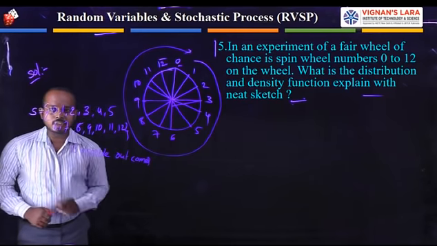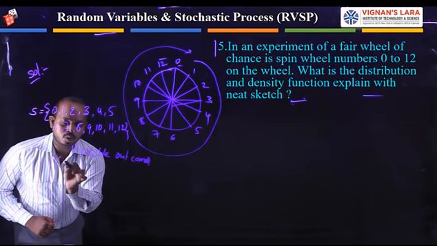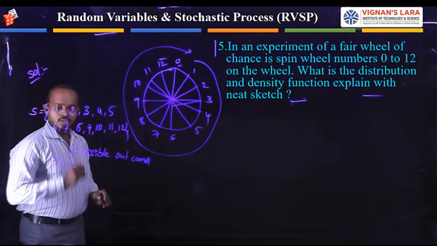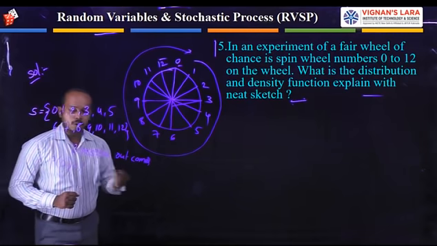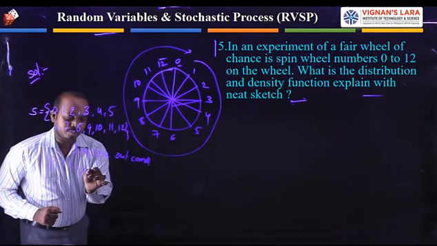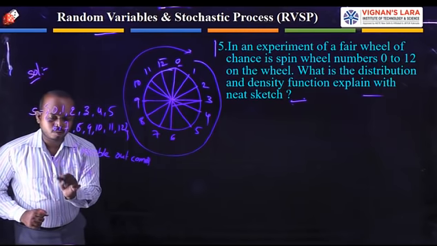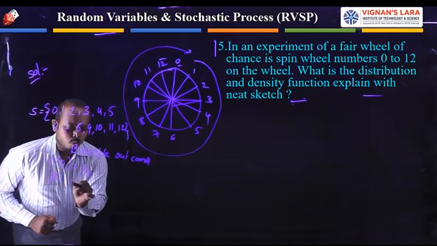Now I am writing the probability of 0. The probability of the 0 occurrence is equal to the desired outcomes, which is only 1 chance, over the total possible outcomes, which is 13. Next, for getting the value 1, the probability is 1 by 13.